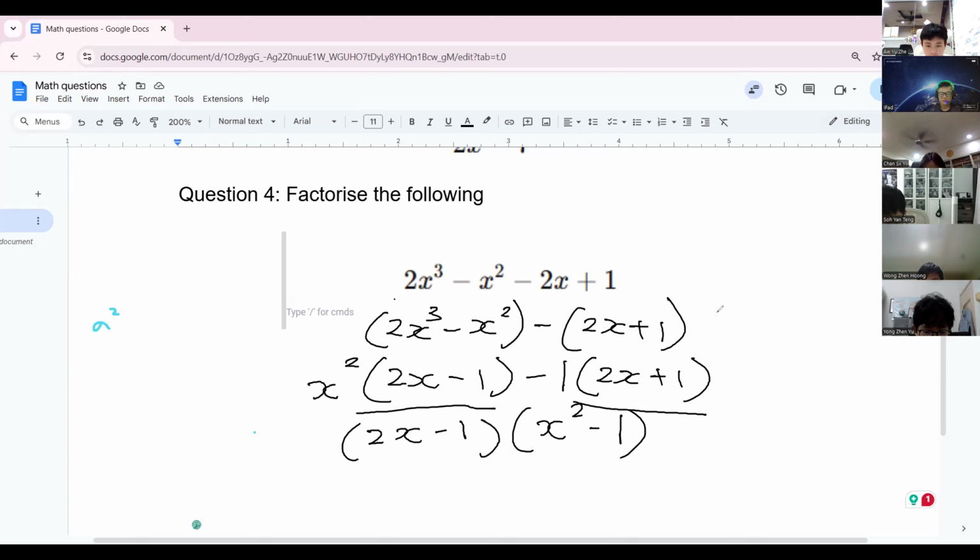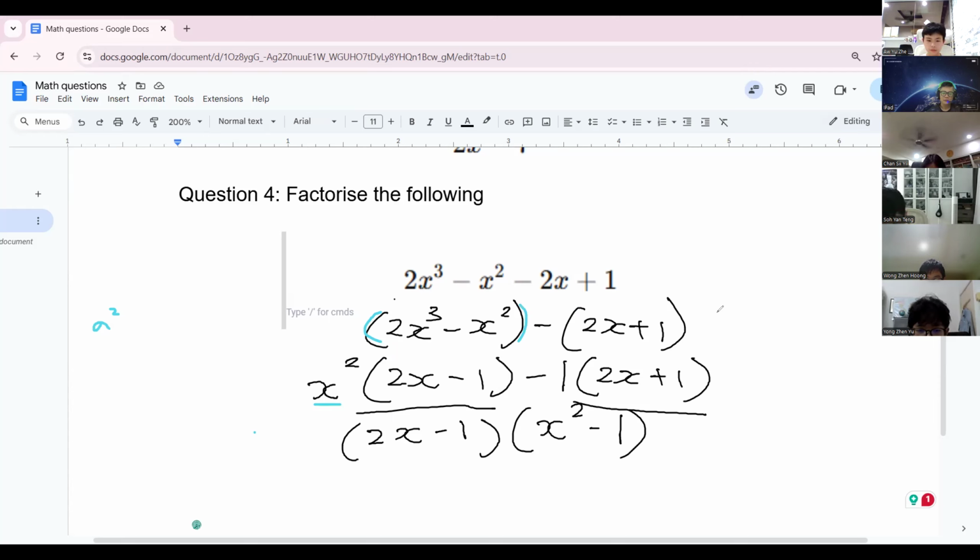Okay, so Yana, for your question, this is, I would say, not the official method to do this type of question. Later, I will introduce another official method. What Junkai is showing here is he categorized these two in one group. So he factorized the x squared out, where you will get 2x minus 1 here.